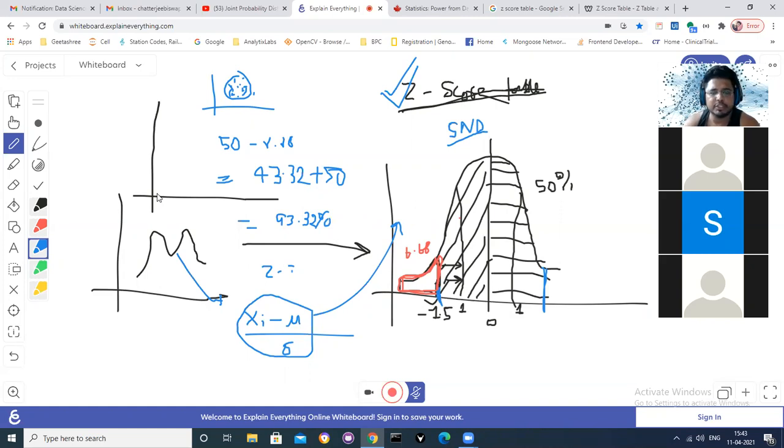First, create a NumPy array with circular data and plot it, then apply the z-score formula on each and every point, collect those points, and plot it again. Check if that shape is getting converted into an SND or not.